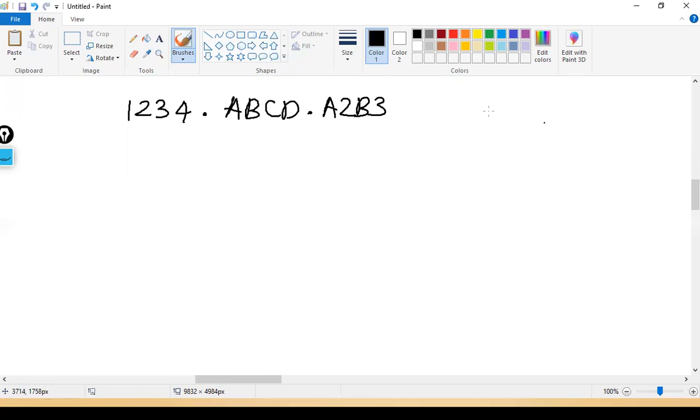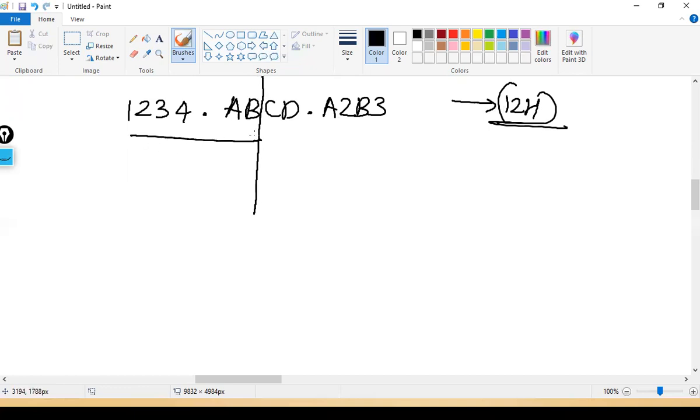Now, this is 12 hexa values. Let me tell you, this 12 hexadecimal value, or this MAC address, is divided into 2 portions. So we will divide it like this.